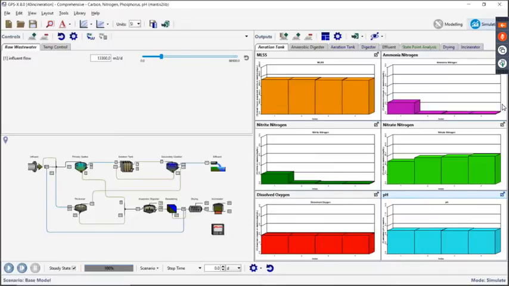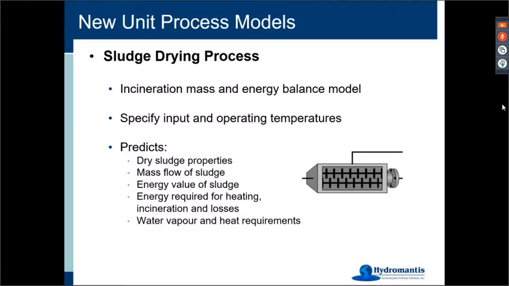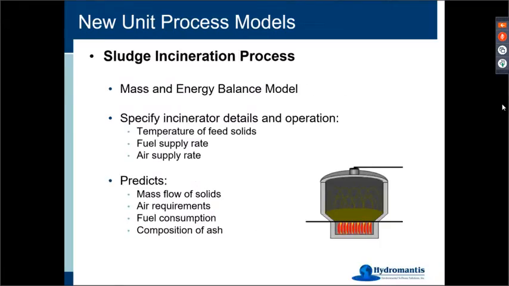Okay, I'll briefly mention the sludge incinerator that we also have. Again, it's a mass and energy balance model. We're taking the feed in, and we need to know the details of the incinerator itself and its operation. So we need some inputs about the physical size of that particular unit, and also how it is operated.